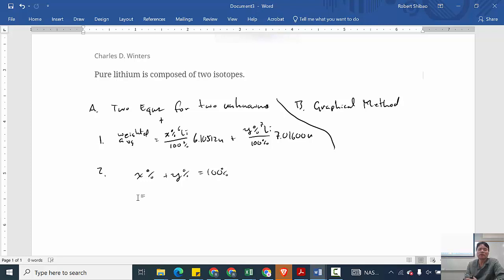Then all we do is we solve for one variable and substitute. It doesn't matter equation one or equation two. Probably equation two would be a lot easier. So we could either solve for x or y, and then substitute in equation one.